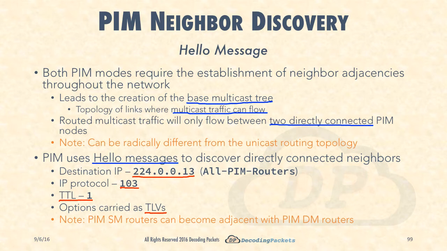Subsequently, the PIM sparse mode routers can become adjacent with PIM dense mode routers, but the signaling and the mechanisms are so different that your topology at that point would be badly broken. So it is up to you, again, as the IP Multicast network engineer, to make sure that only sparse mode routers are becoming adjacent with sparse mode routers, and for dense mode routers, the same thing applies.